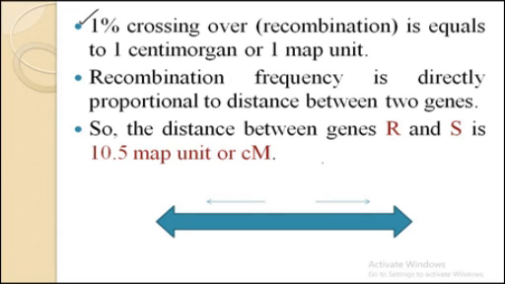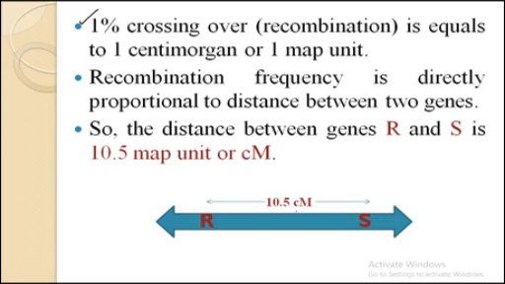So we can construct a gene map. Suppose this is a chromosome on which gene R is present and gene S is present, and we have to measure the distance between these two. As we have measured the frequency of recombinants, that is nothing but the distance between these two genes, only the unit will change.